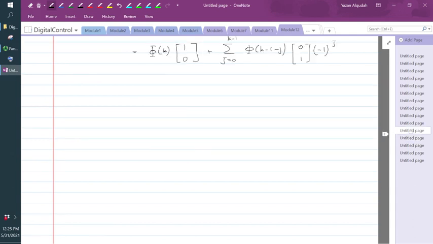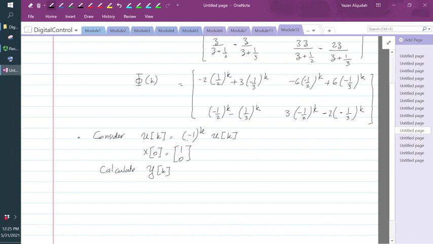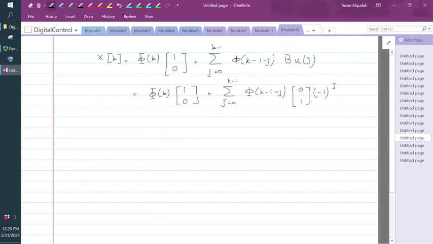Why is it? Because that's the input that is given. The input is u of k equals negative 1 to the k, so therefore u of j is negative 1 to the j.